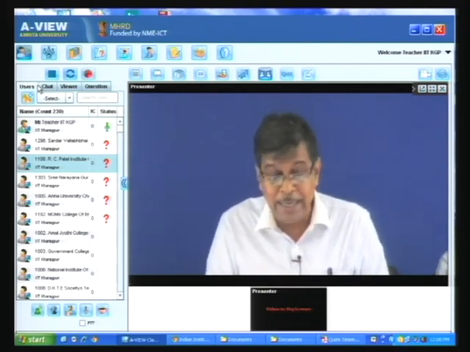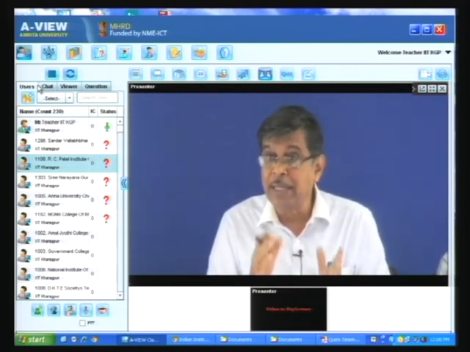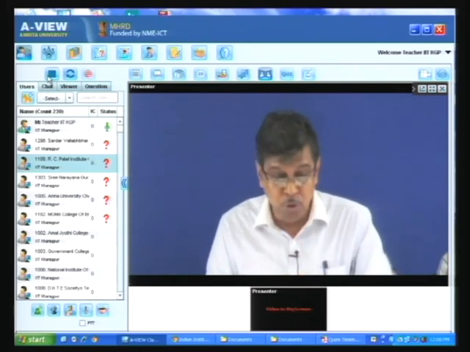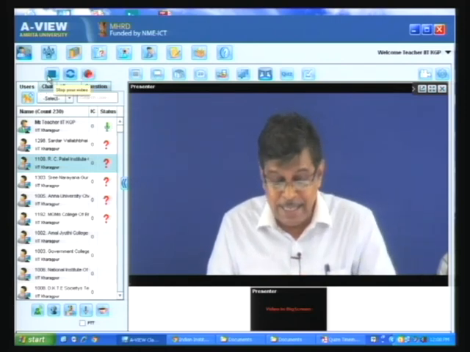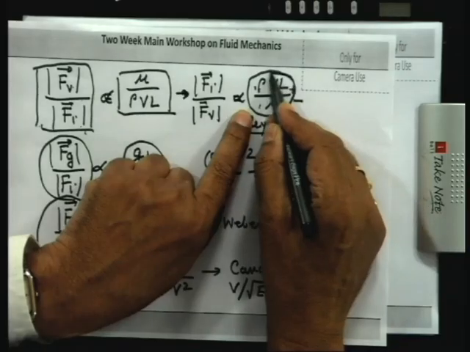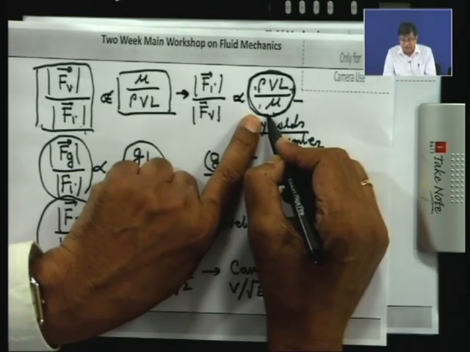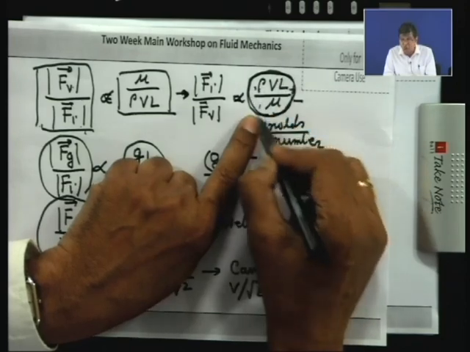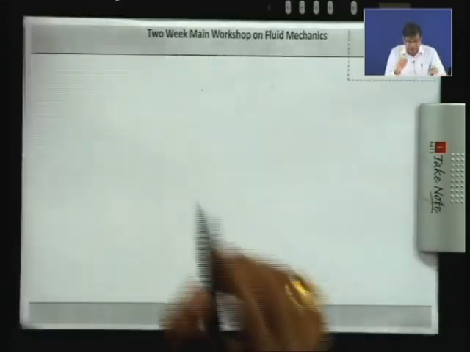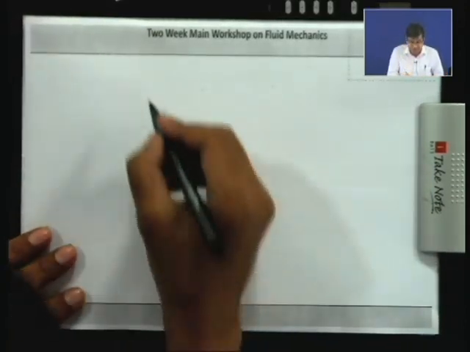Before that I tell you, after this, when we see that this is a group which has to be the same for dynamic similarity, that means this group as a whole influences the problem. Now one very interesting thing, the answer to the second query.